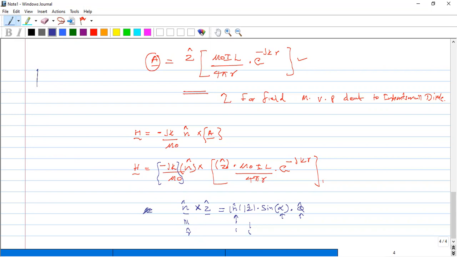So if you consider this is z hat, and this is y hat, and this is x hat, and if you consider r hat here, this is theta, the angle between these two vectors.